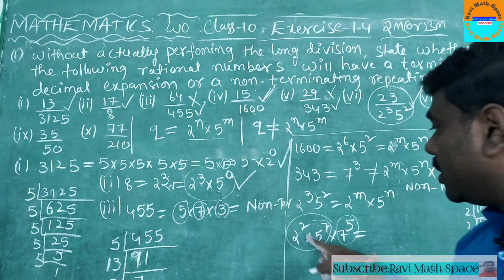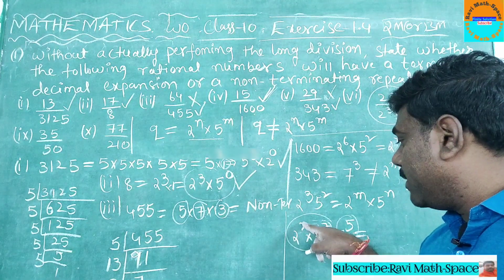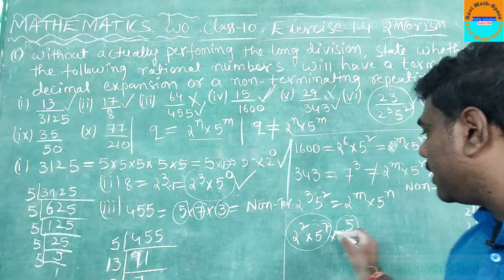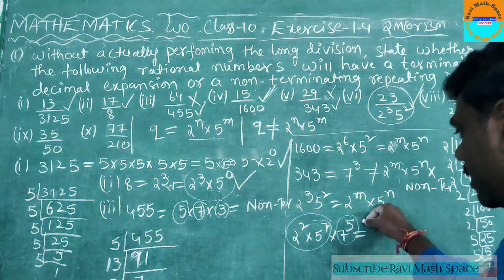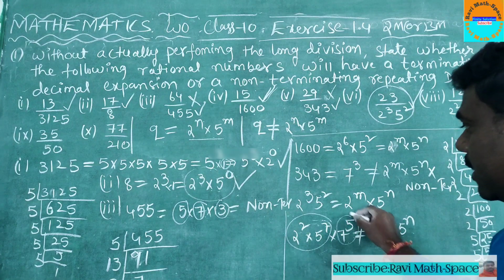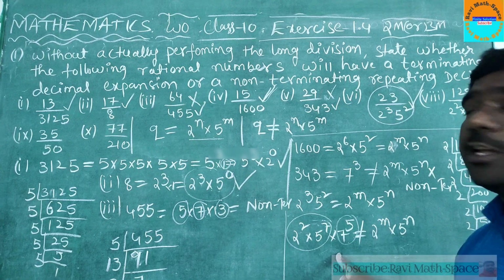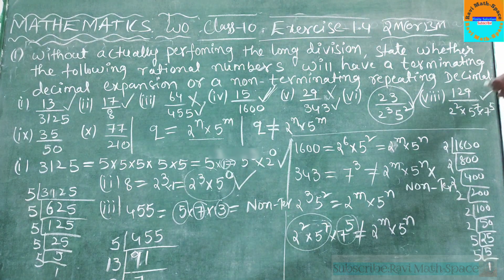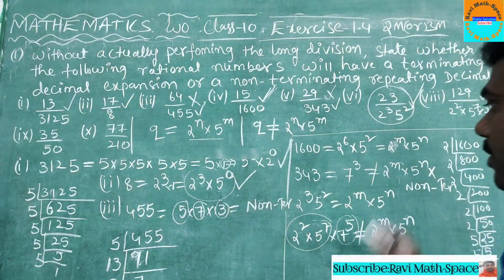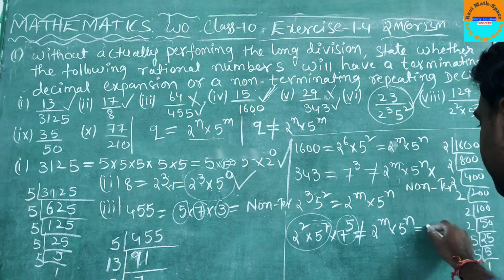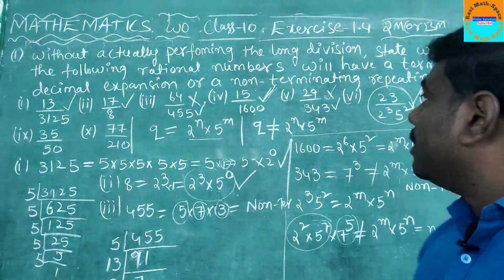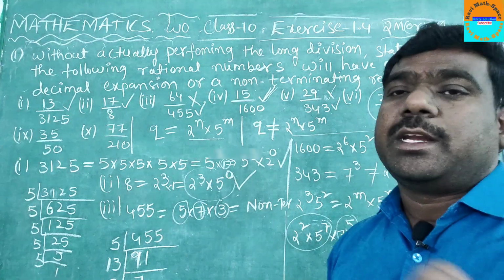Already we know it should be in the form of 2 power m into 5 power n only. Other factors should not be involved. Here 7 is another factor, so it is not in the form of 2 power m into 5 power n. The prime factorization is given directly here, so it consists of a non-terminating recurring decimal expansion, but not a terminating decimal expansion.